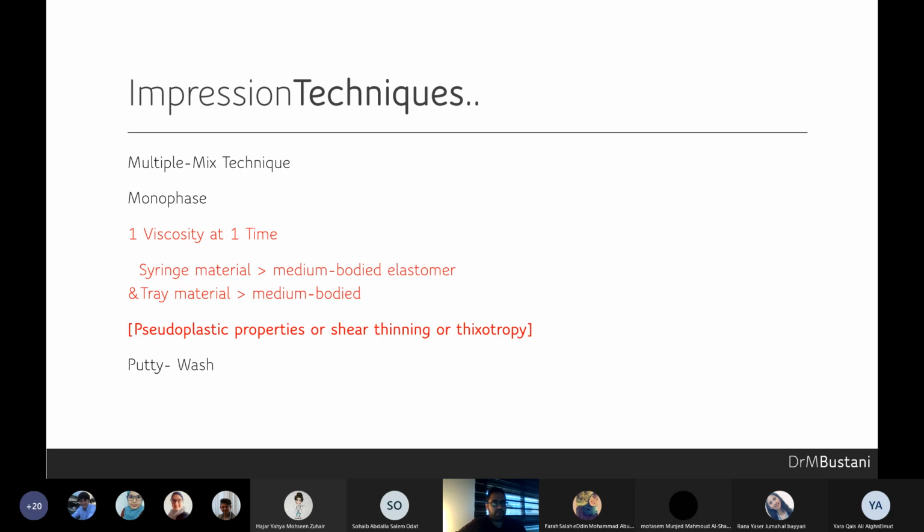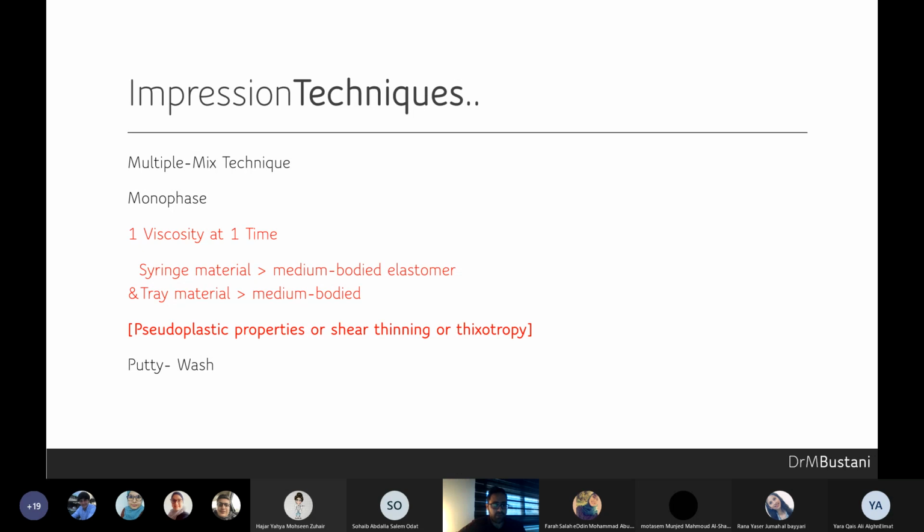You use it in the patient's mouth around your prep, and then your nurse will hand you the tray filled with medium body silicone, the same consistency, and then you insert it in the patient's mouth and wait for them to both set at the same time.